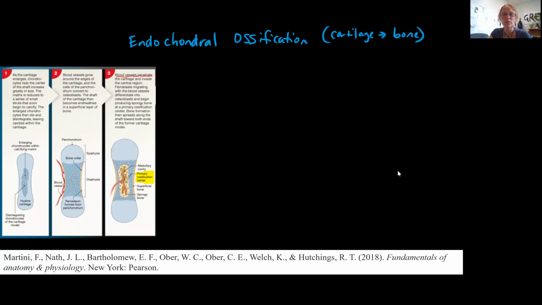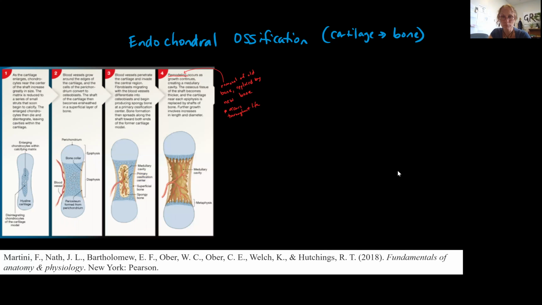And then we see those blood vessels penetrating the inside of the diaphysis, bringing with it the hormone signals. This is creating what we call our primary ossification center, because this is the first place really where we start to see bone formation. And notice that we see first that cartilage is turned into spongy bone, and we're seeing the formation of our medullary cavity.